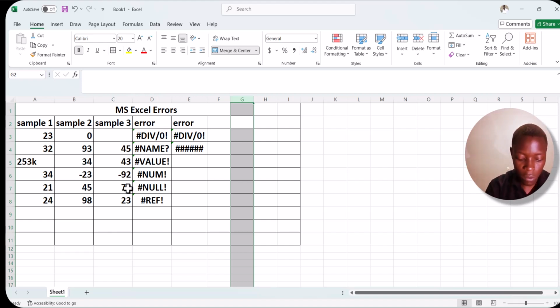Then #NULL, we have talked of forgetting to put operators. Then #REF when you have deleted the cell reference.